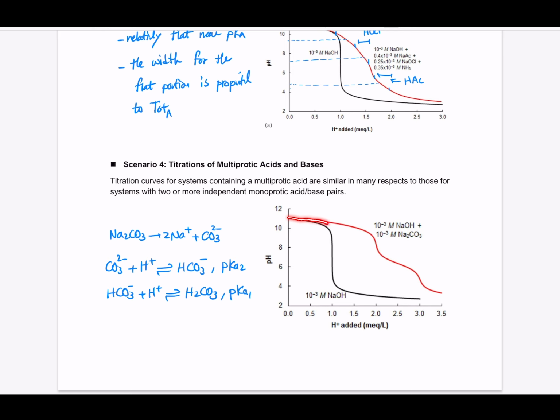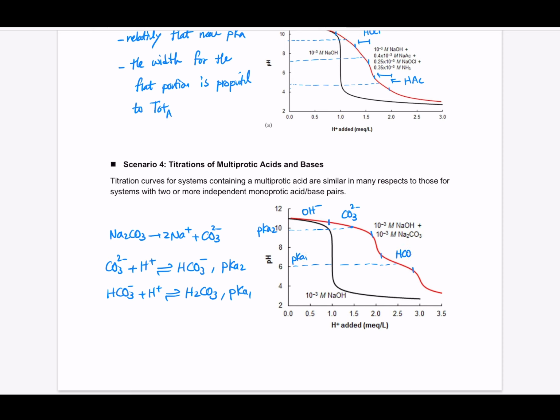So the first delay is because of sodium hydroxide, and the next delay, roughly up to here, is related to pKa2, or sorry, this could be, and this is basically carbonate consuming a proton, and then you have a sharp decrease followed by the second one, which is pKa1.